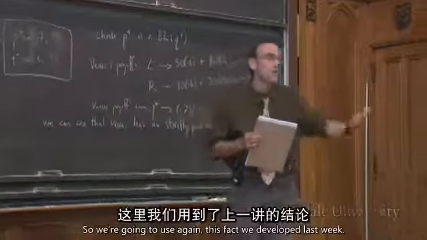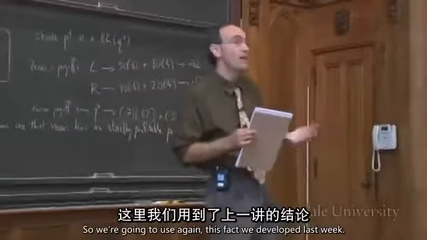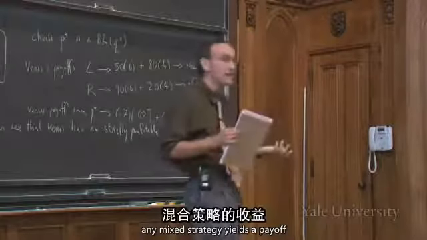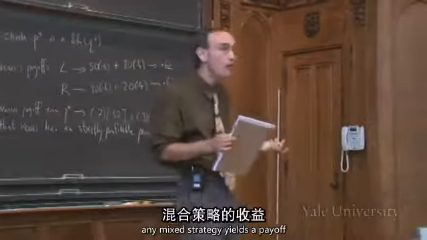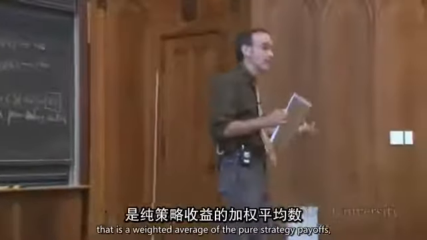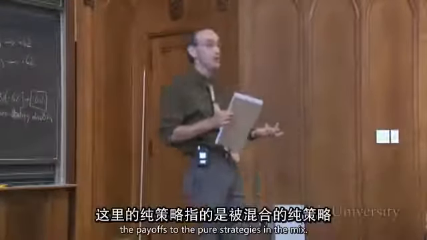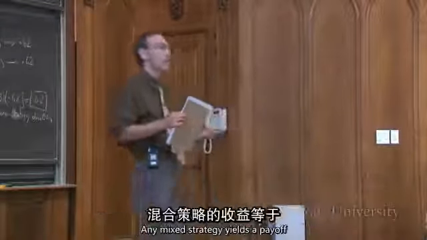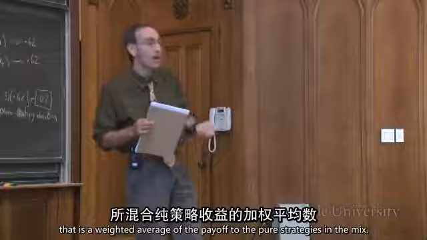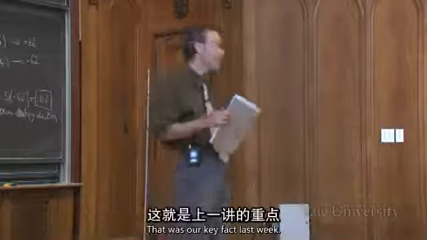All right, so we're going to use again this fact we developed last week. The fact we developed last week was that any mixed strategy yields a payoff that is a weighted average of the payoffs of the pure strategies in the mix. That was our key fact last week.